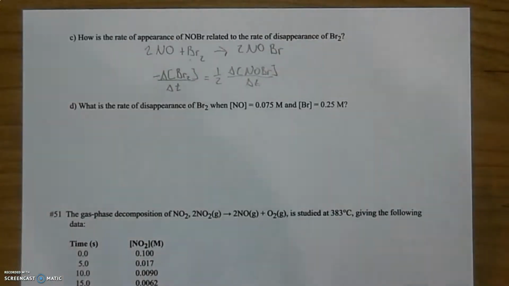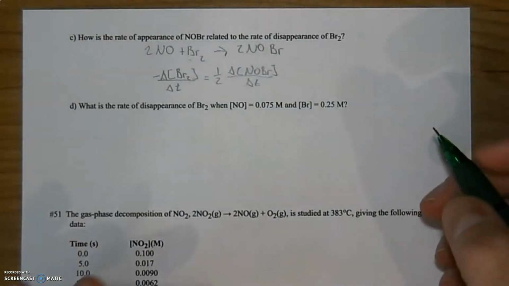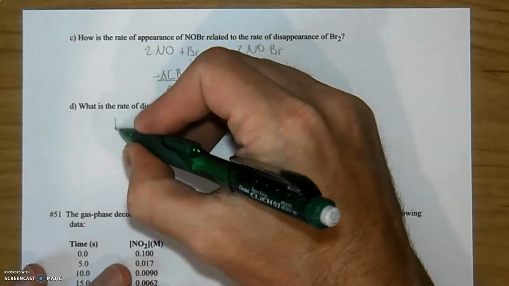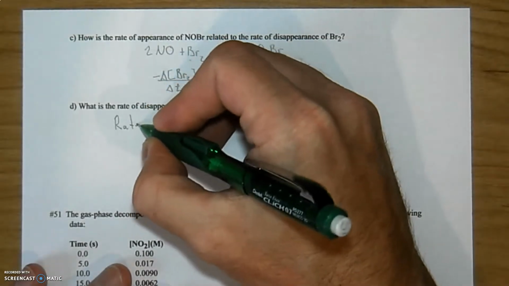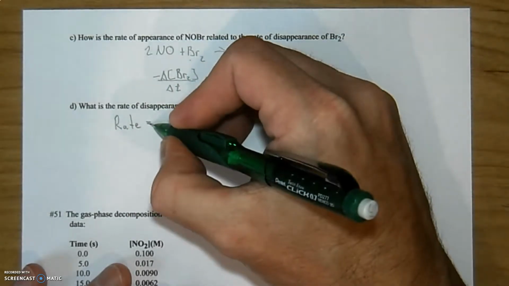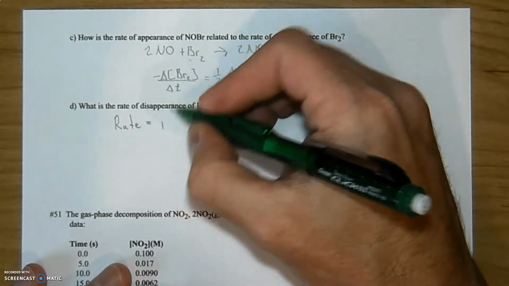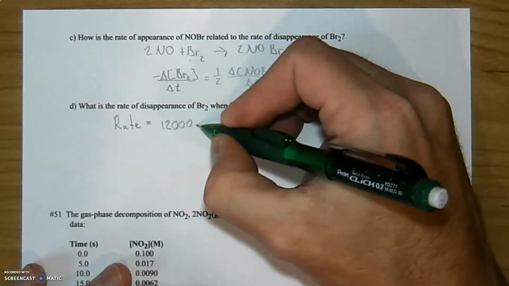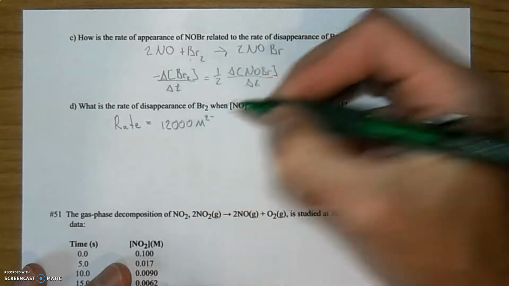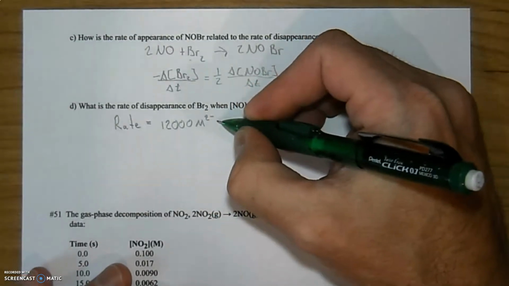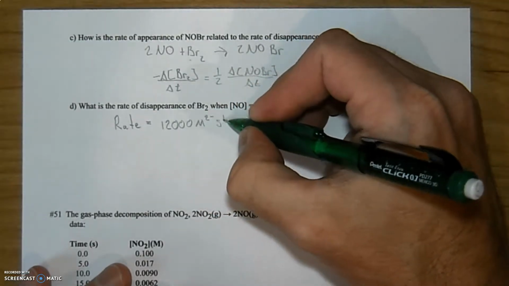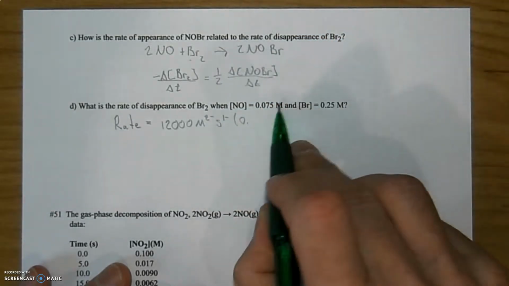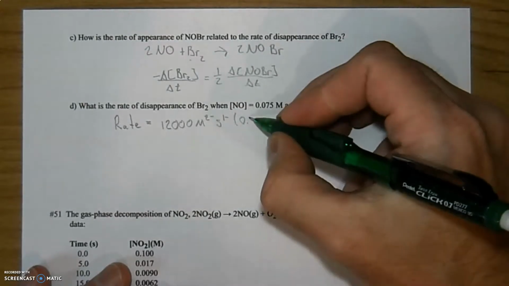I would bring that over to here. Okay, so let me set that up for you. I'll go with the rate is equal to, and I'm going to put the K value right in here. It was 12,000 per molarity squared per second. I will put in the concentrations that it's giving us, 0.075.